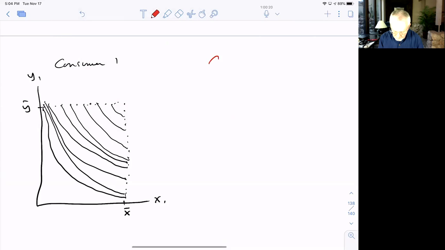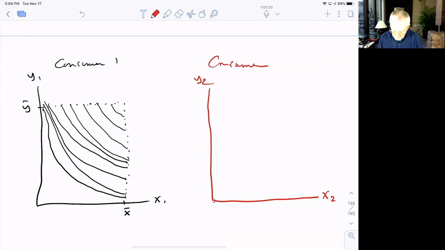And the same holds for consumer two. I'm going to do the same for consumer two. I'm going to say, well, consumer two in no scenario can consume more X than the economy has, nor more Y than the economy has. So I'm going to do exactly as I did before with consumer one.